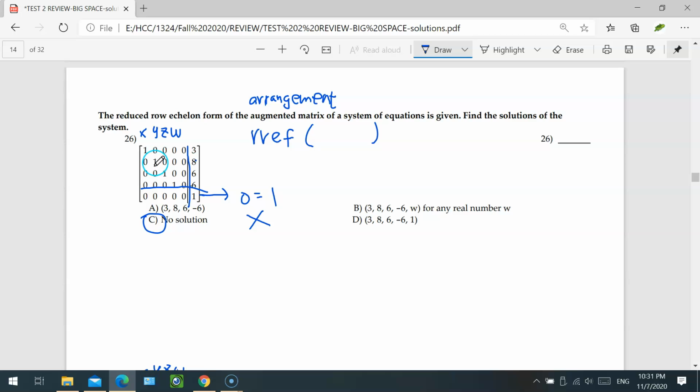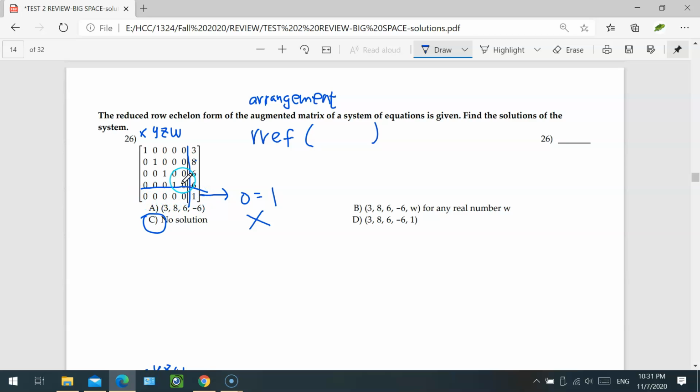So this represents y equals 8. z equals 6. Now, the fourth row here, I'm going to use the w to represent it, and it indicates w equals 6.